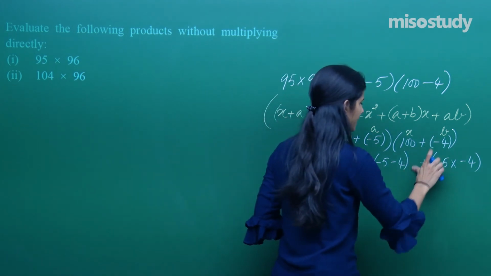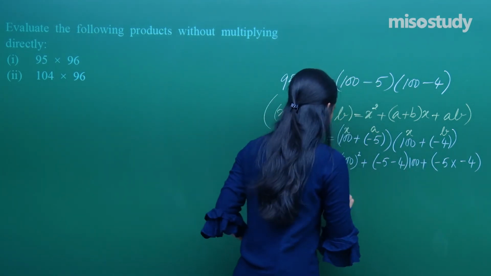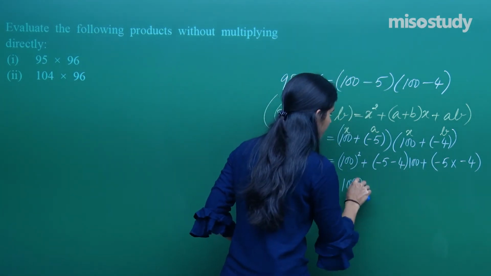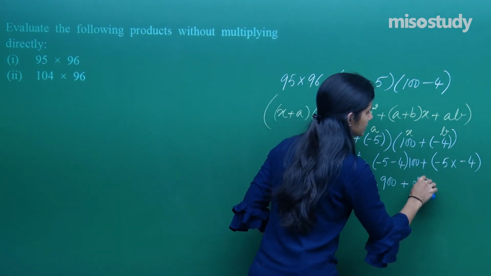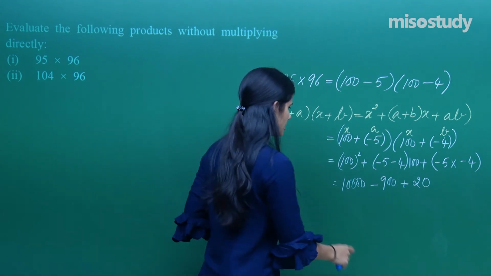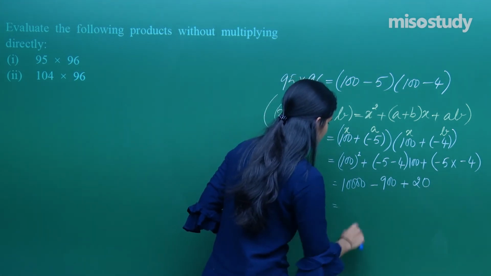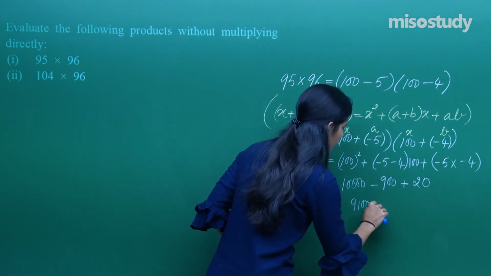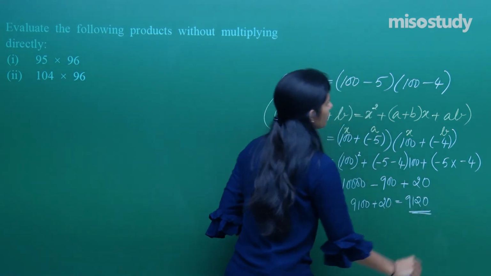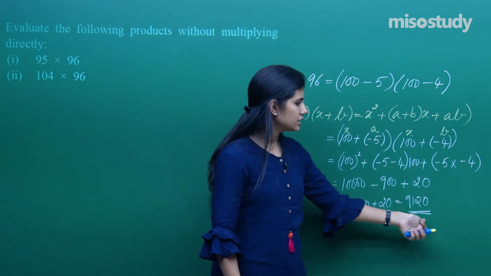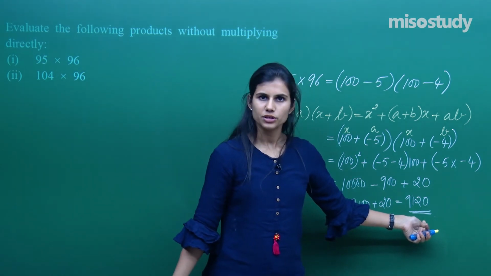A plus b times x, but x is 100. So you have 10000 minus 900 plus 20. This gives you what? 9100 plus 20, which is 9120. So without actually multiplying, I have found the value of the product, which is 9120.